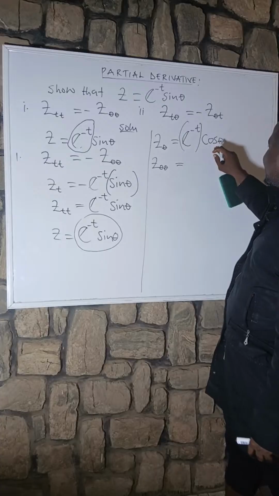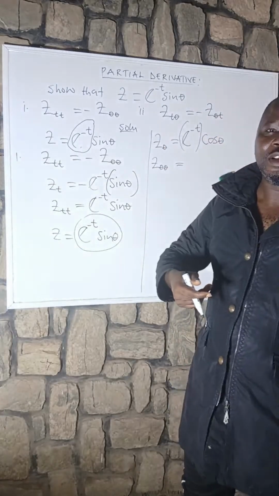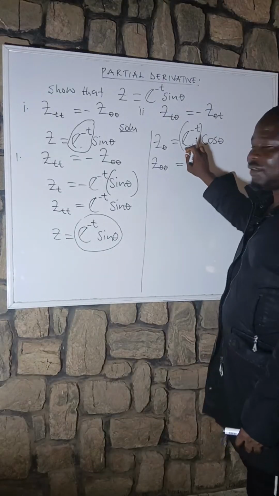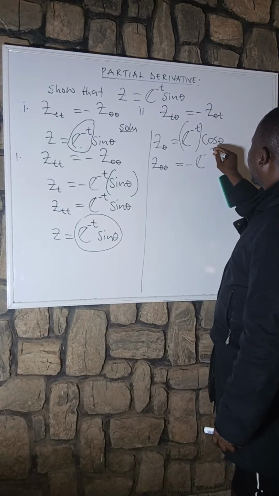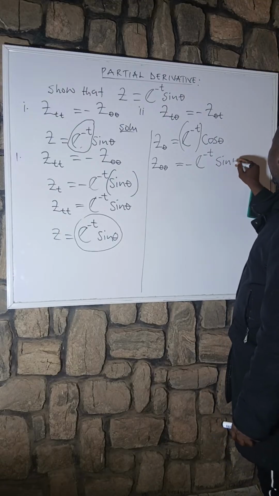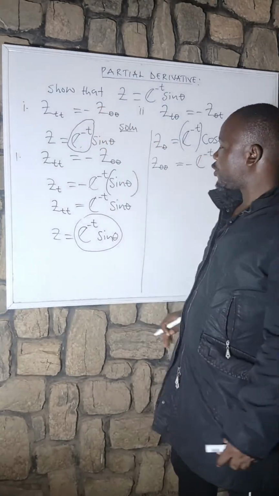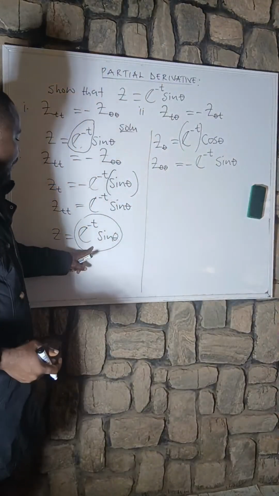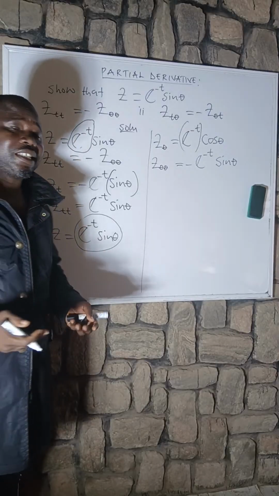When you differentiate cos theta, we are going to have minus sin theta. So use it to multiply by this function. So here we are going to have minus exponential minus t, then sine theta. Can you see now? You see the negative sign. So therefore, you conclude by saying that the left hand side is this. Amen? The left hand side is this.